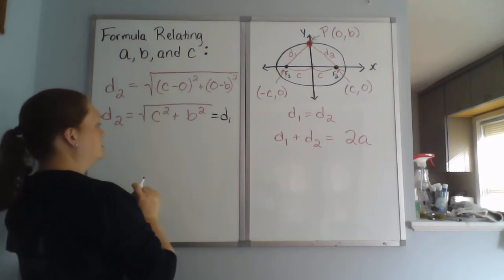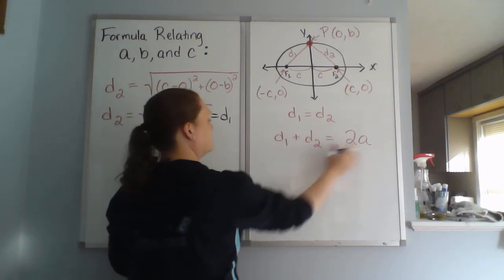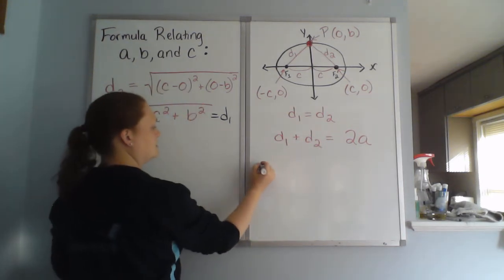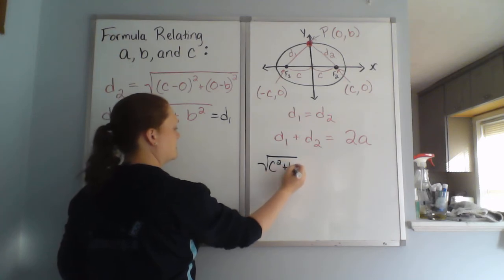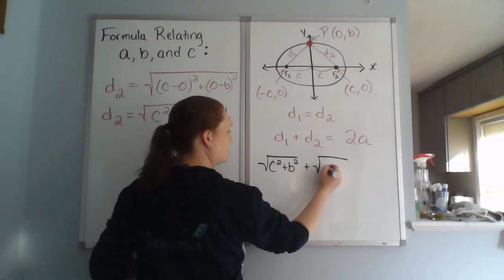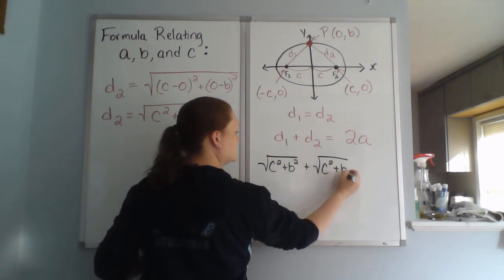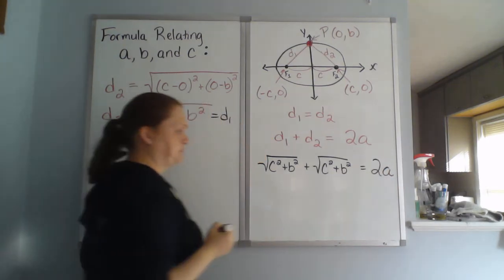So now what I can do is say d1 plus d2 is equal to 2a. So d1 is the square root of c squared plus b squared, d2 is also the square root of c squared plus b squared, and that is equal to 2a, all right?